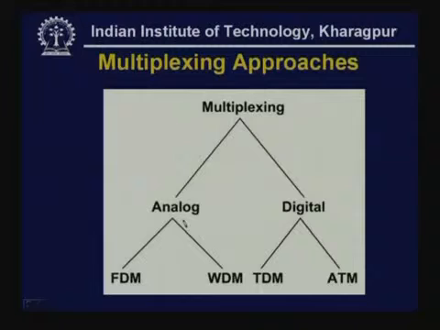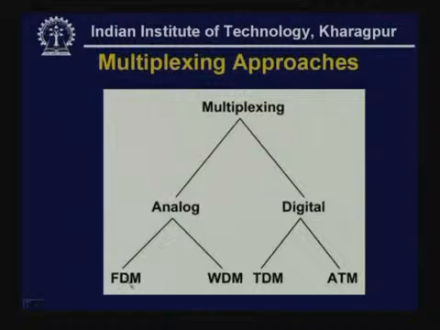Now, for frequency division multiplexing, as we shall see, we use analog signaling. That means we generate the signal by using the FDM and WDM techniques, where analog signaling is used.